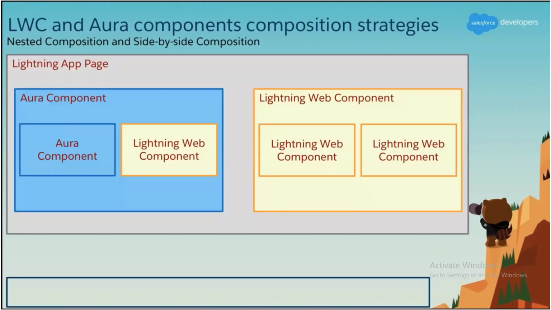This slide talks about the LWC and Aura components composition strategy, where we have an Aura component, under it an Aura component and a Lightning Web Component, and then a Lightning Web Component under which we have two Lightning Web Components. So these are the feasible composition strategies, and we will discuss these as well.